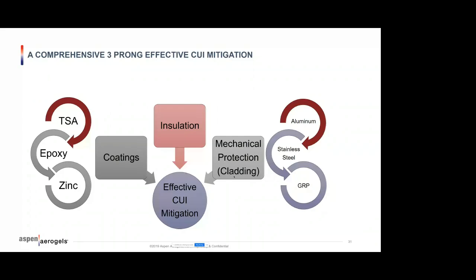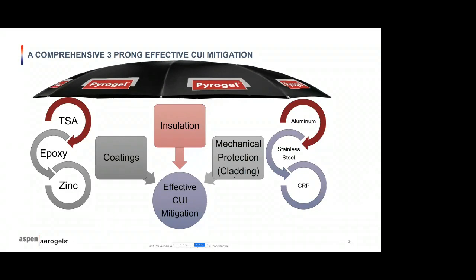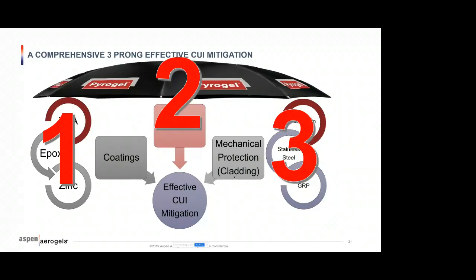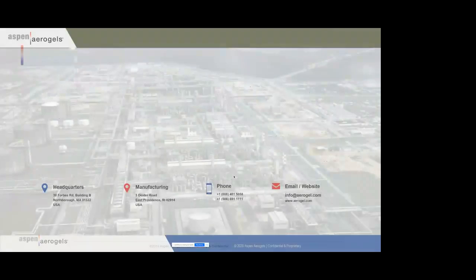We promote an effective CUI strategy, which says consider your insulation as part of that mitigation strategy, which will give you that full protection. So it's a 3-stage process: your coatings, your insulation, and your cladding, basically.